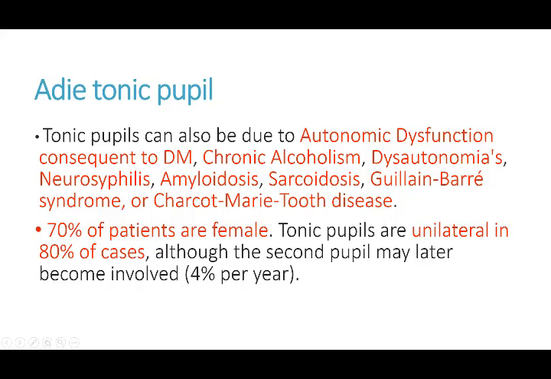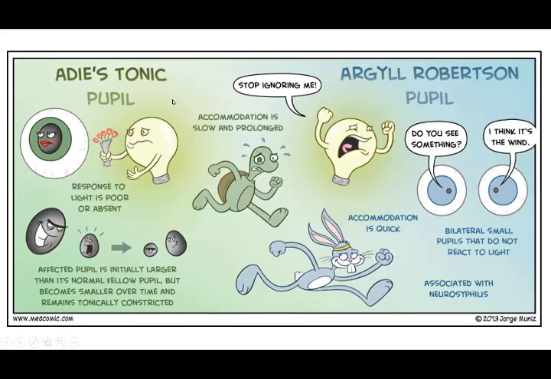Now, this is the difference between Adie's tonic pupil and Argyll Robertson. In Adie's, response to light is poor, and the affected pupil is initially big. Then the normal fellow pupil, but it becomes smaller over time and remains tonically constricted. Accommodation is slow and prolonged.